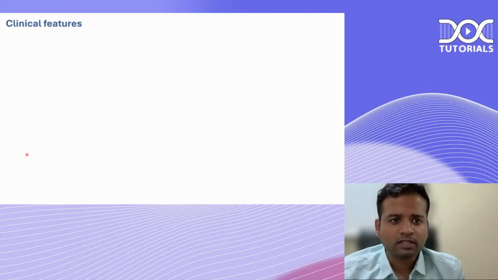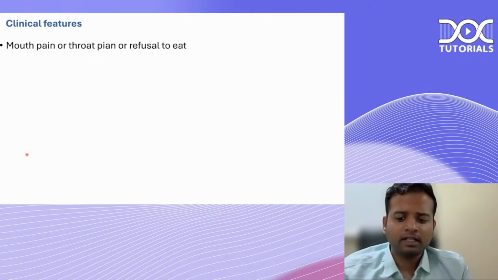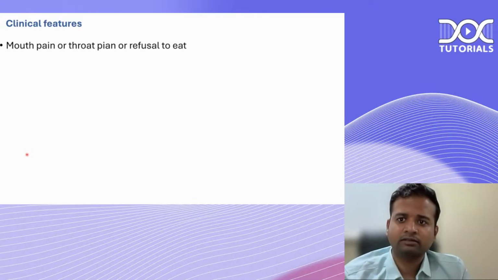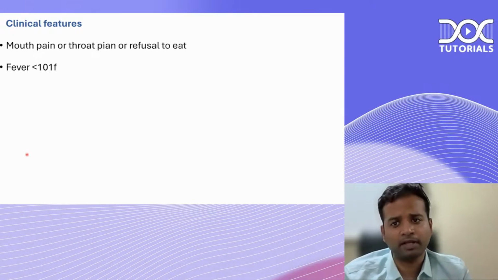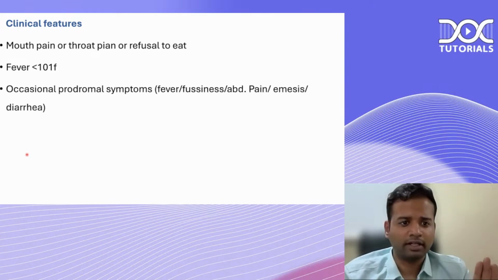Coming to the clinical features, most commonly the child or infant presents with mouth pain or throat pain or refusal to eat. If it is an infant who is non-verbal yet, the most common presentation is that they refuse to eat and refuse to drink fluids. If it is an older child, more than 1 year, they complain of mouth pain or throat pain, and fever might be present, but it is most commonly less than 101 degrees Fahrenheit.